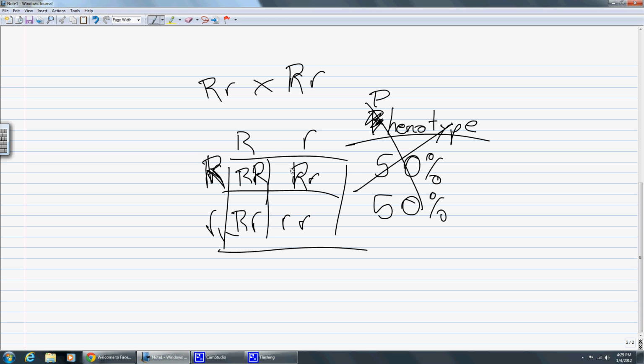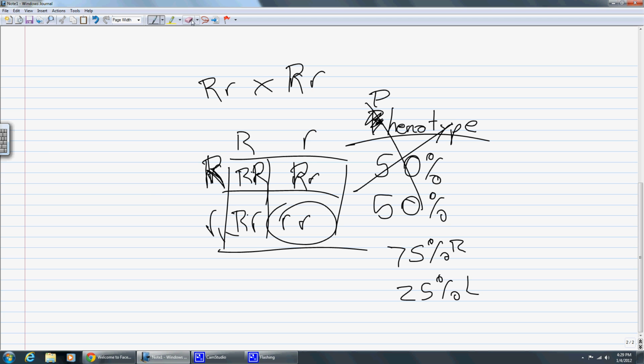You'd have, as you can see, 3 right-handed people, because remember that dominant one masks. So this right-handedness masks the left-handedness. So we have 3 out of the 4, which would give us 75% right-handed, whereas you now only have 25% who are going to be left-handed.